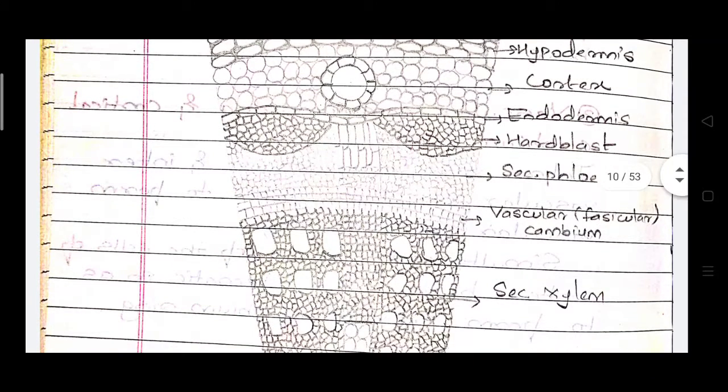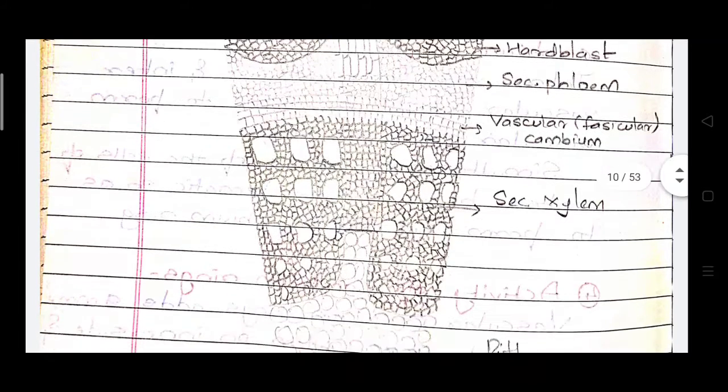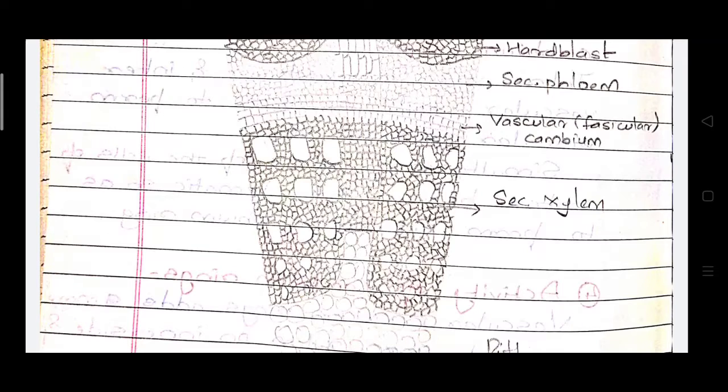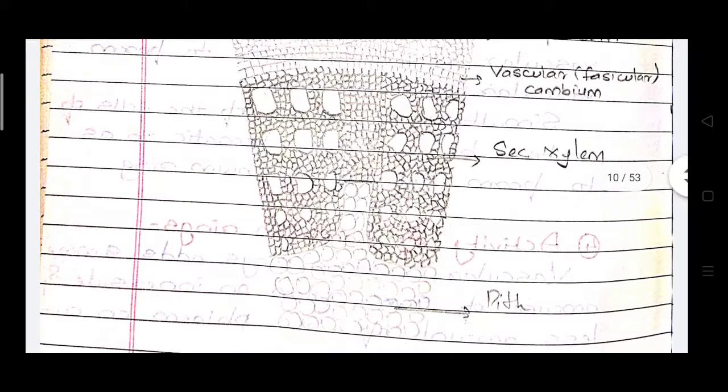At the endodermis some hard bast cells are developed, and after that the secondary phloem, followed by the vascular or fascicular cambium region. Below that the secondary xylem is present. As you see in this figure, secondary xylem is in more amount, secondary phloem is on the outer side in less amount, and at the center there is the pith region.